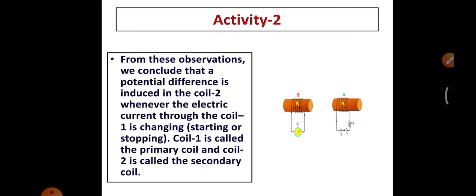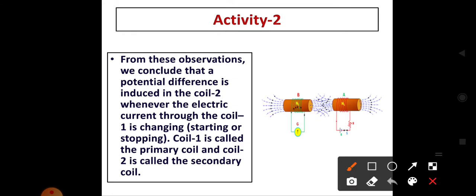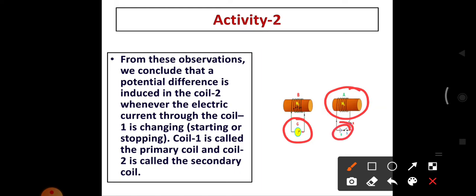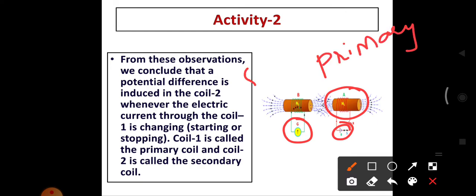From this observation we conclude that a potential difference is induced in coil 2. That means current is induced in coil 2 whenever the electric current through coil 1 is changing. Here coil 1 is called the primary coil and coil 2 is called the secondary coil.